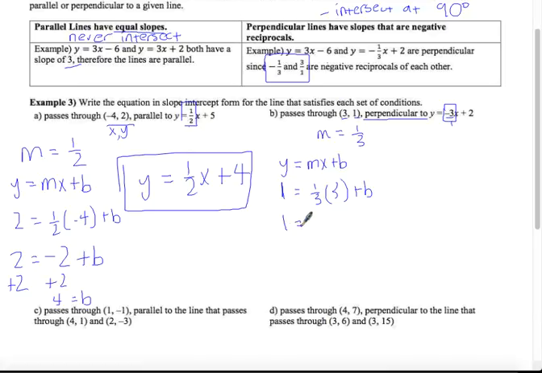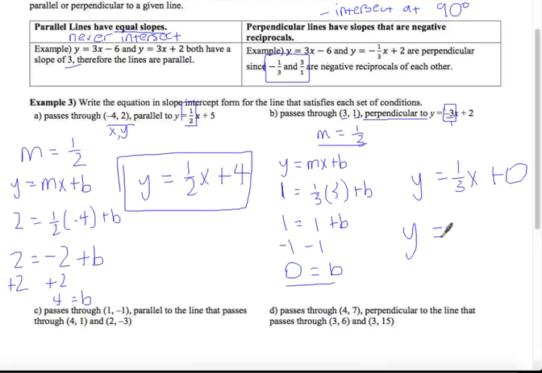So 3 times 1/3 is 1, and then we subtract 1 from both sides, and we get 0 equals b. So our slope is 1/3, and our y-intercept is 0. So our equation could be 1/3 x plus 0. And since we just have a plus 0, most of the time this would just be written as y equals 1/3 x, since the plus 0 is inconsequential.